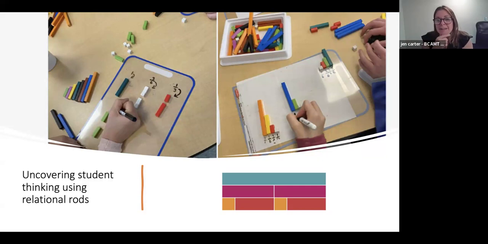Just asking that one question led to a 45-minute lesson of uncovering misconceptions that kept coming up. I didn't necessarily have a lesson plan. I find that often, especially with Cuisenaire rods, misconceptions are revealed very quickly, and then it drives your whole lesson based on what you're seeing students do.